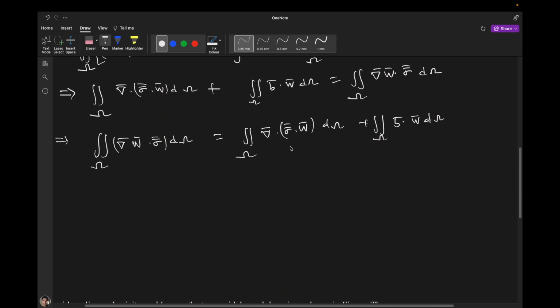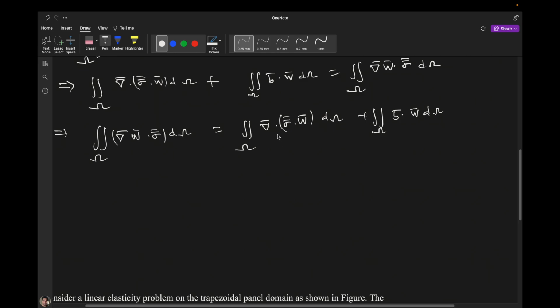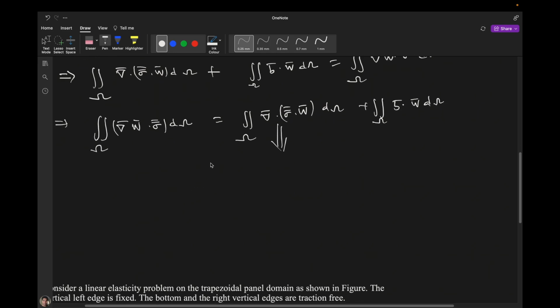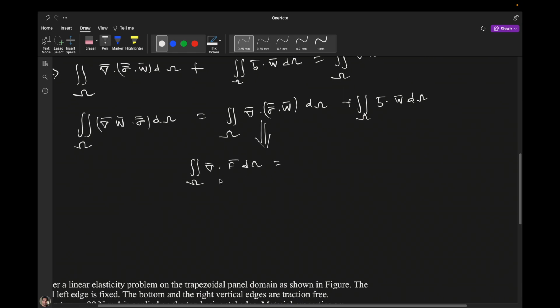Here we will use the Gauss divergence theorem, which we already know: the volume integral of the divergence of the f vector will be given as a surface integral.